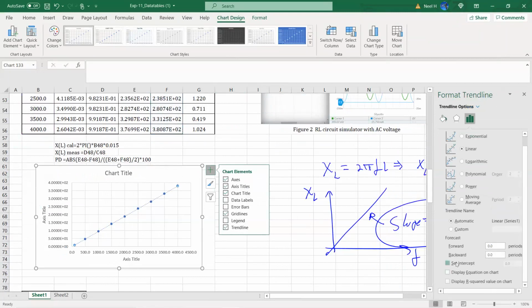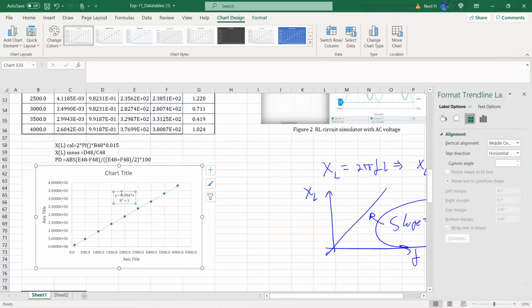All three of these icons should be clicked because we would like to see the equation. The number in front of x, R squared being 1, means it's a perfect data fit with the given function.